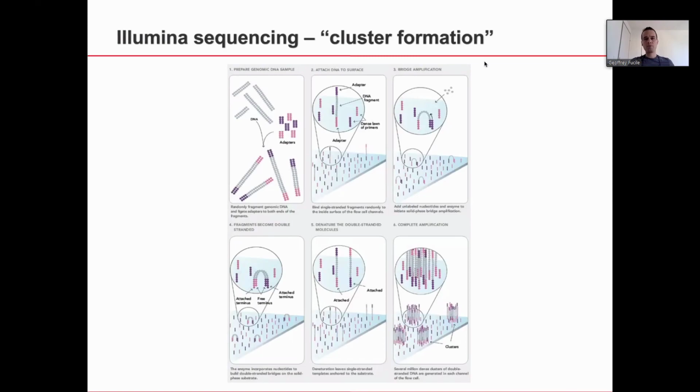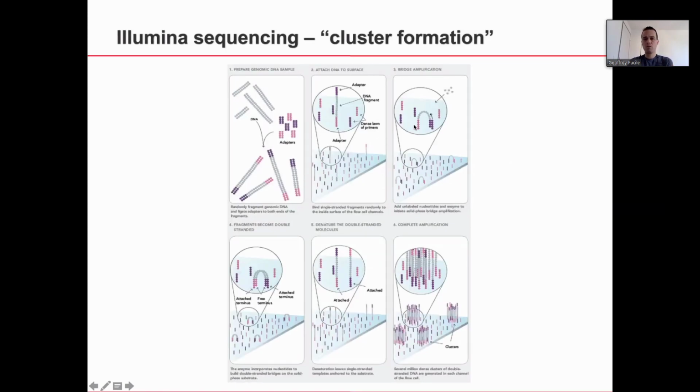So the sequencing with an Illumina sequencer starts with our DNA, or cDNA in the case of RNA-seq. And we stick these adapters on the end of these molecules. And what the adapter allows you to do is fix it onto the solid surface of the sequencing flow cell. So now we have our cDNA molecules fixed in place.